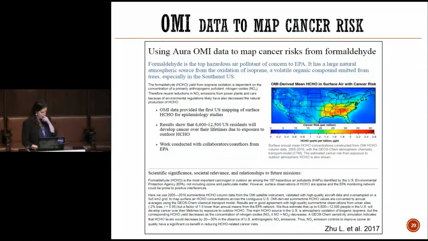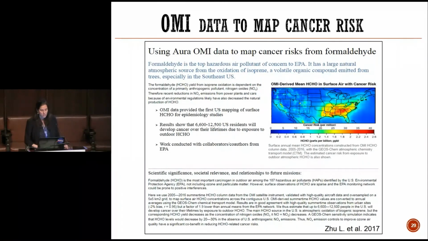Another interesting study using OMI data is mapping cancer risk from formaldehyde. OMI is the first satellite that was able to give information about formaldehyde, which is poorly monitored on Earth. So this study from 2017 was able to map the occurrence of formaldehyde and then use that to map the cancer risks in the United States.